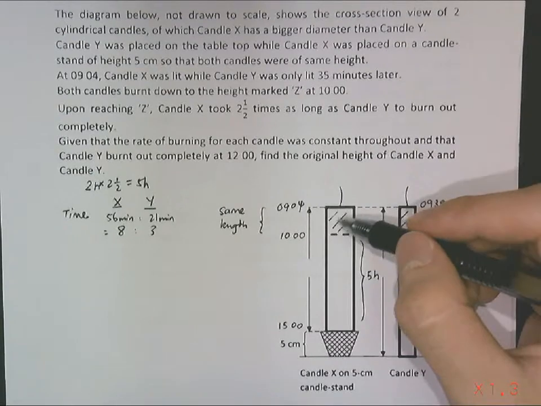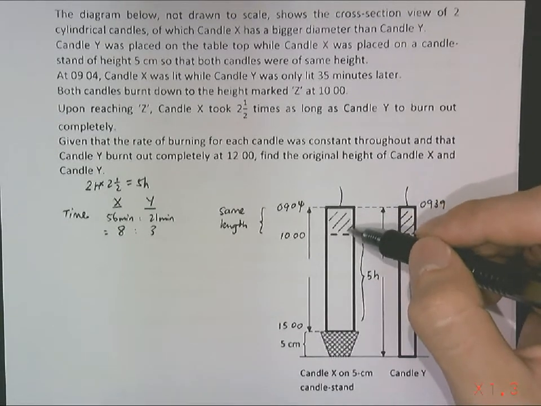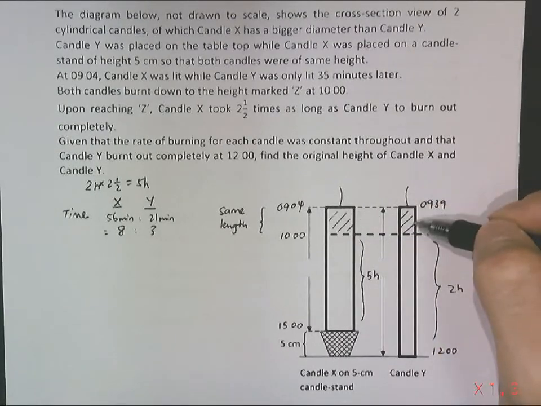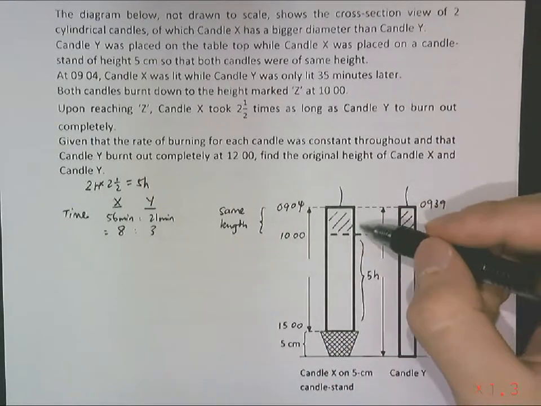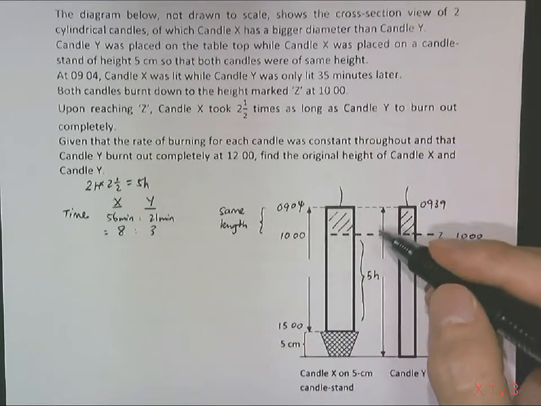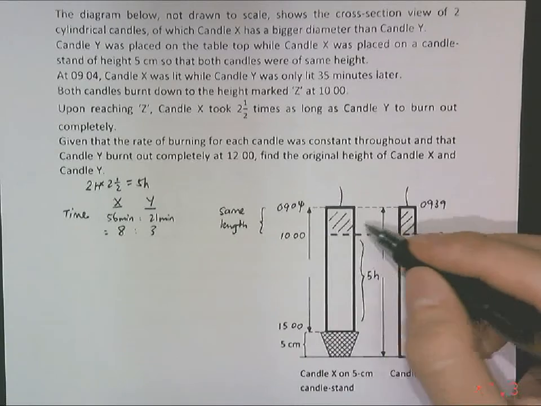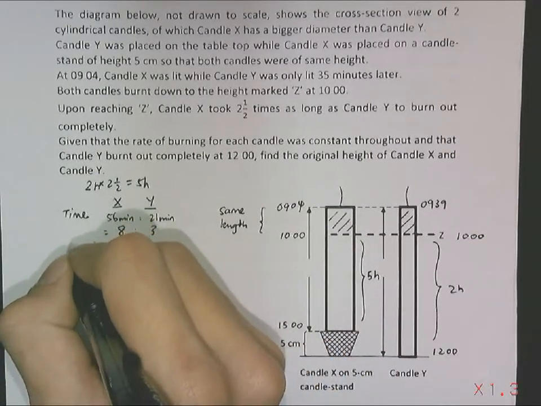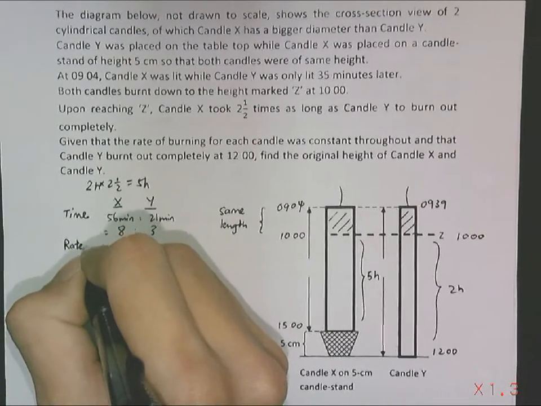Since they burn the same distance, it's like a distance race question. Same distance, so if the time is, for example, twice as long, the speed will be half of the other. So this time ratio allows us to find the rate of burning.